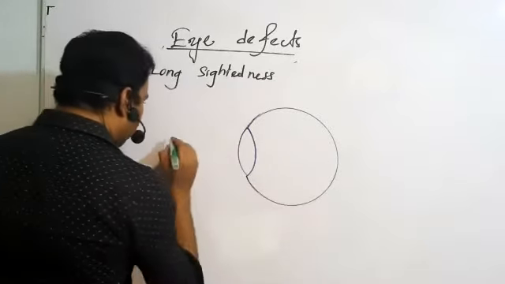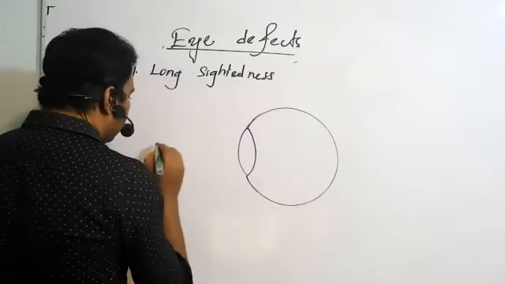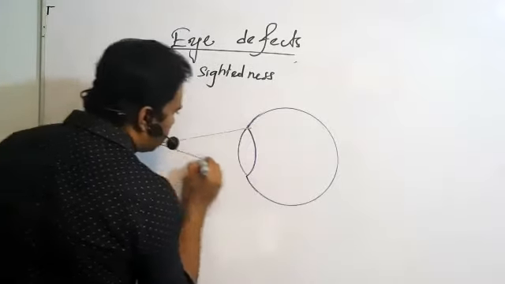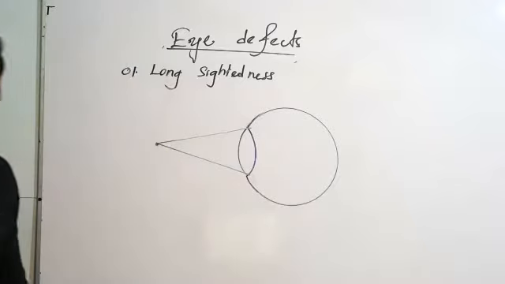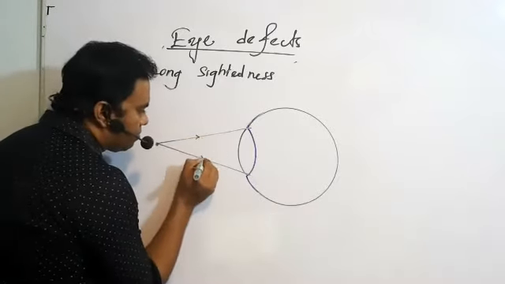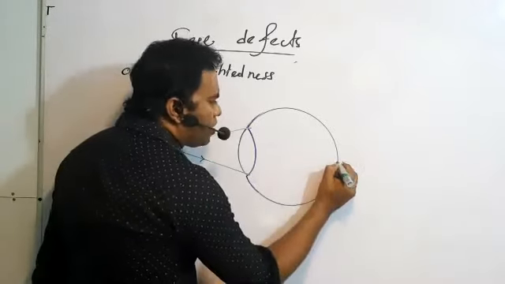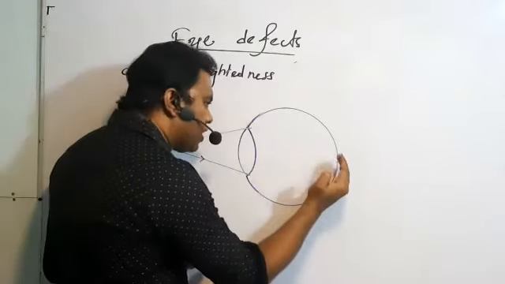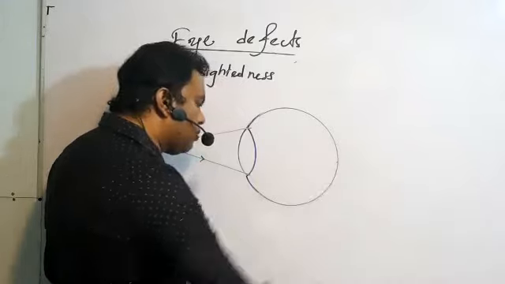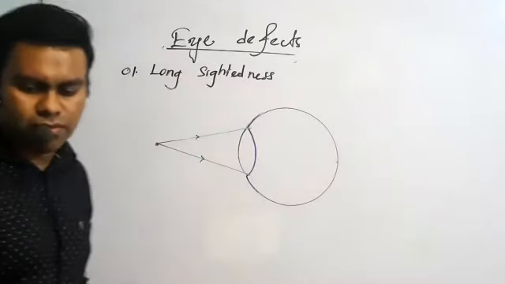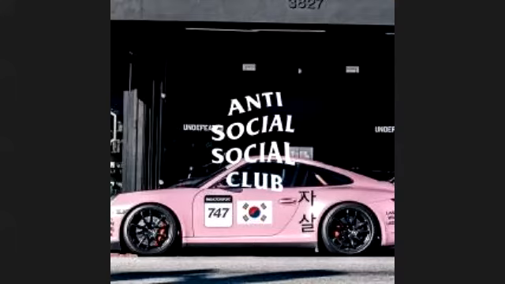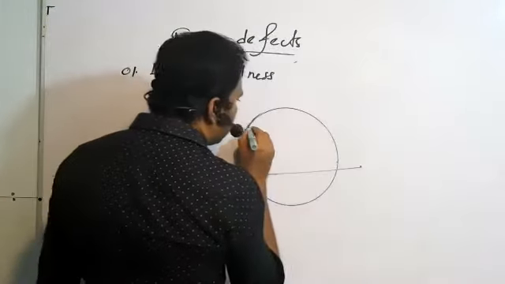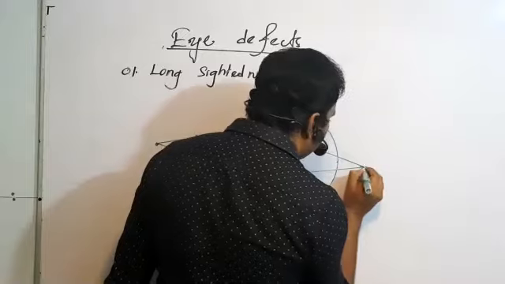The light rays that are coming from a closer object came like this. Did they come to focus exactly? Shenal, what happens? Onto the retina or beyond the retina? Beyond the retina. So we have to draw that. This is the defect.